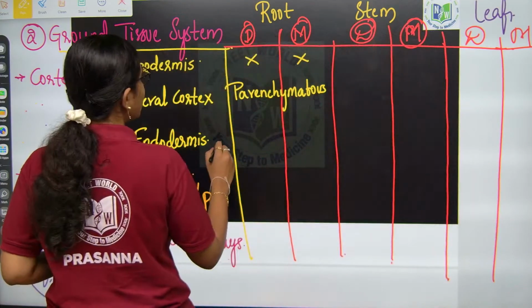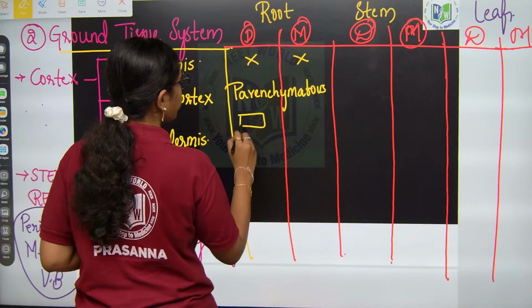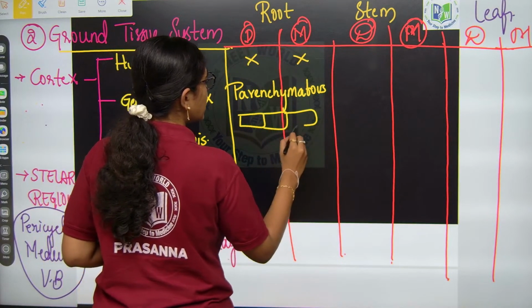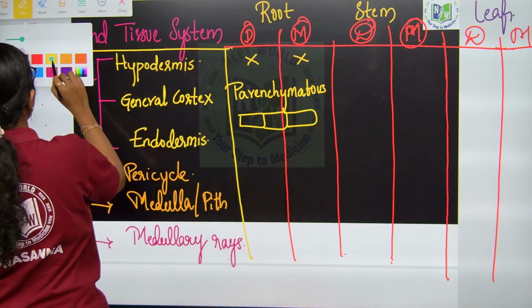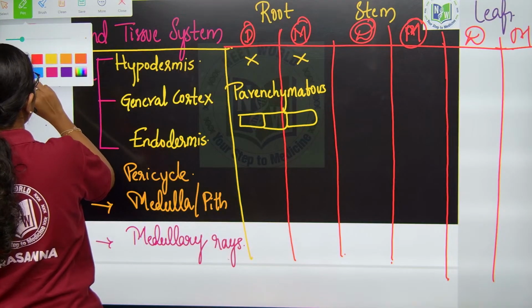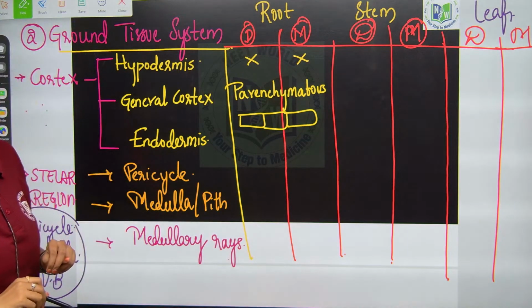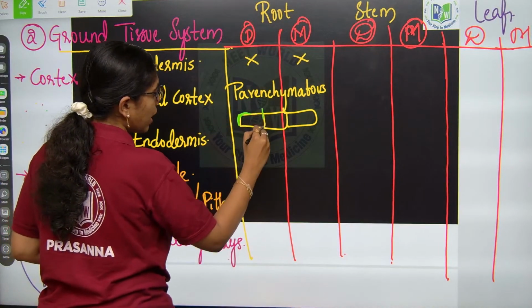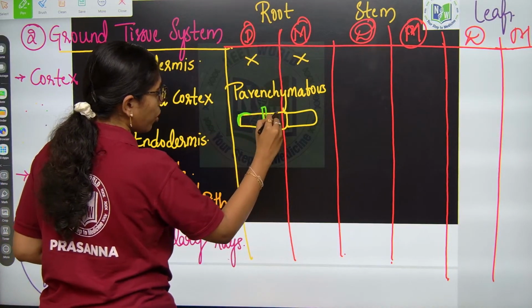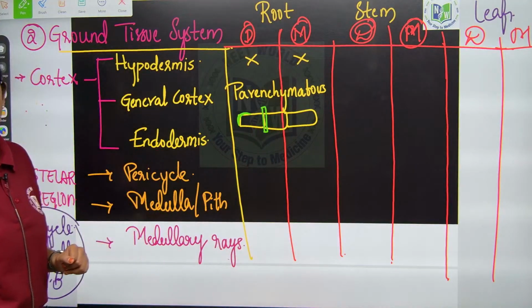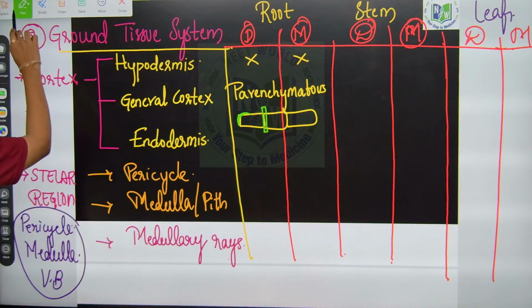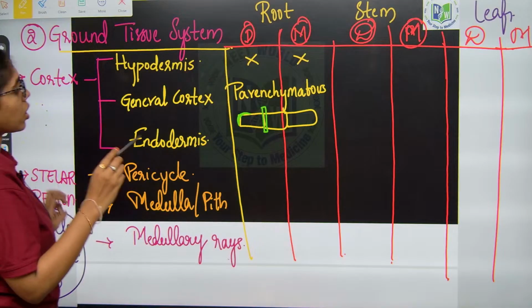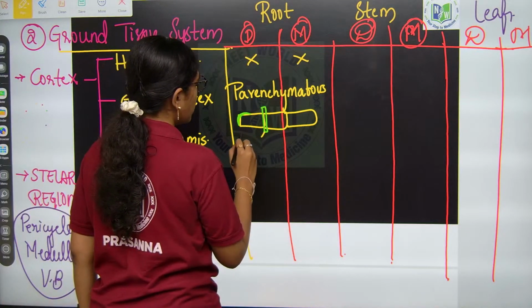Endodermal cells will be like this. They are long elongated cells made up of parenchymatous cells only, but in their radial and tangential walls, they will have suberin depositions, which are called Casparian stripes.